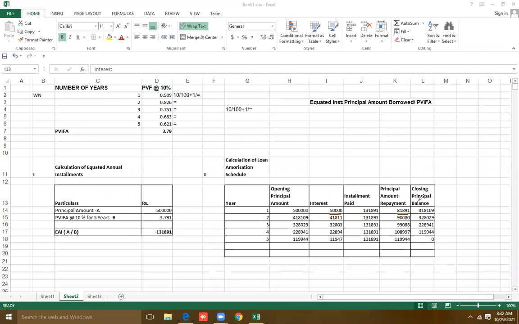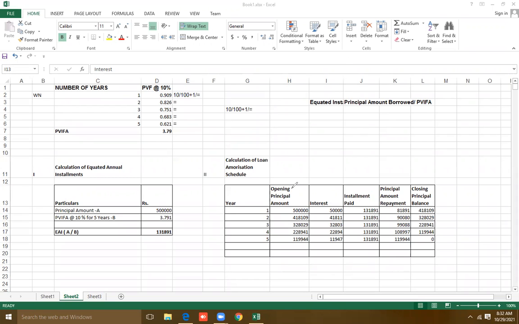So now see what the closing balance will be. 5 lakh rupees you have taken, out of that 81,891 you have repaid. So the balance will be 4,18,109. Understood? See once again, opening balance will be the amount which you are borrowing from the bank.